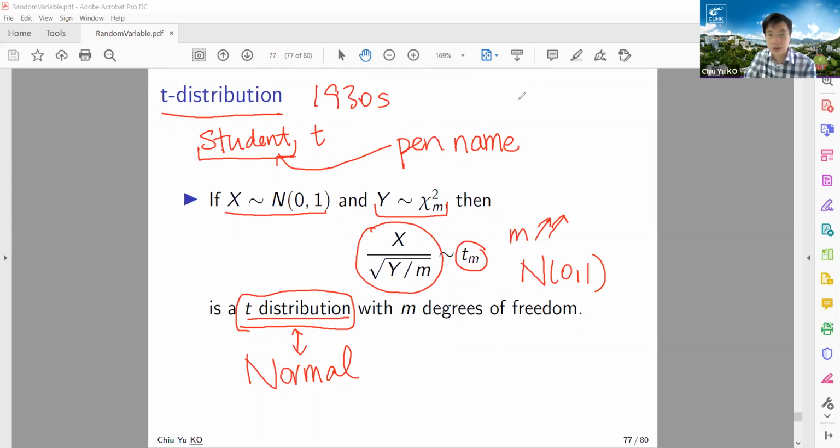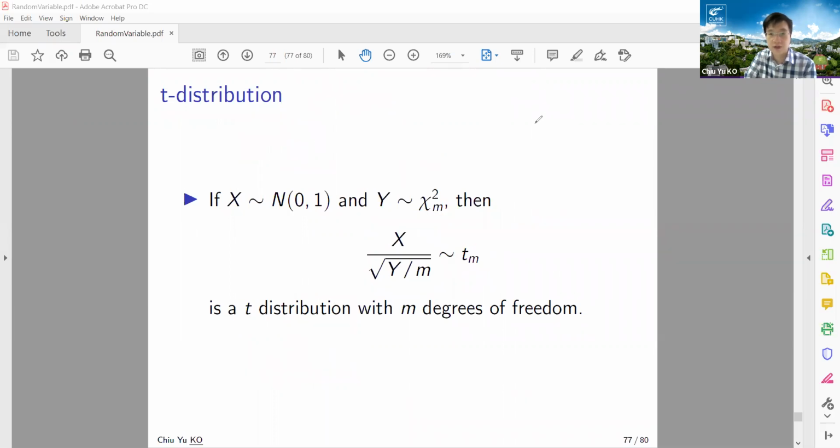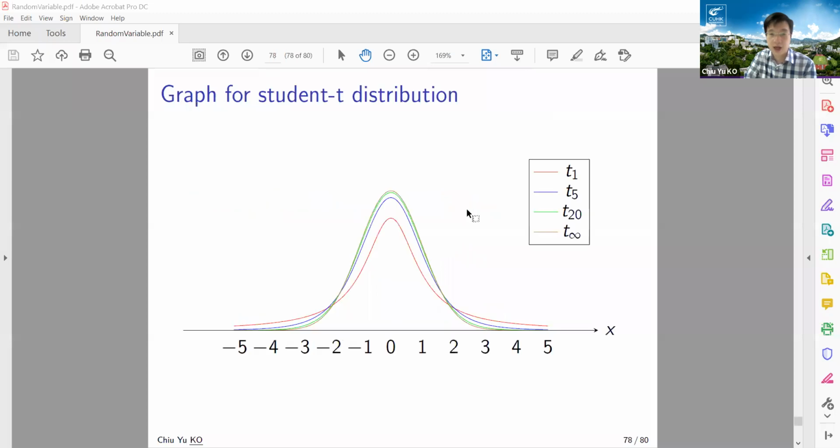But anyway, there's nothing to understand right now because it's just an introduction of a certain type of graph, so just to give you some idea. You can see t with 1 degree of freedom will be just this one, and with 5 you go up, and up and up.